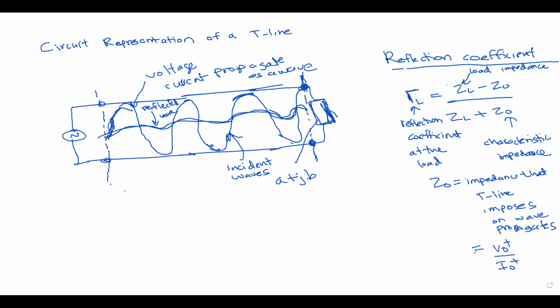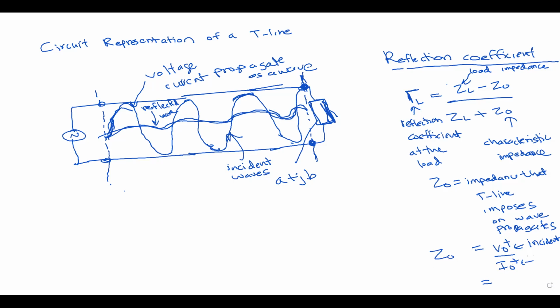V naught plus is the incident wave's voltage amplitude, and the incident wave's current amplitude is given by I naught plus. So we take the ratio between the incident wave's voltage and current to find the Z naught value.